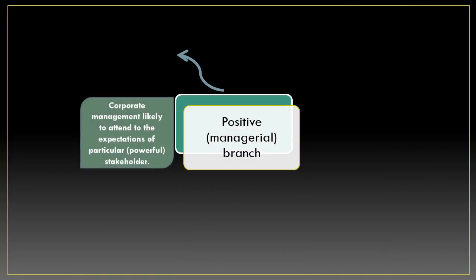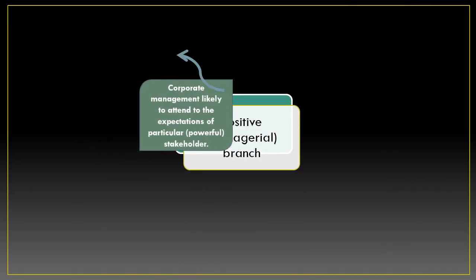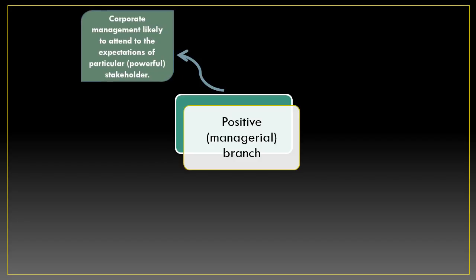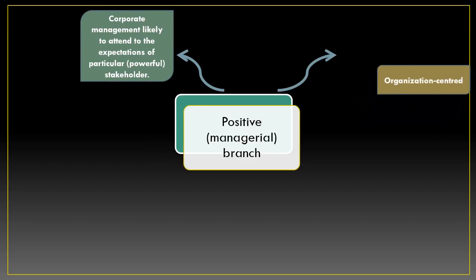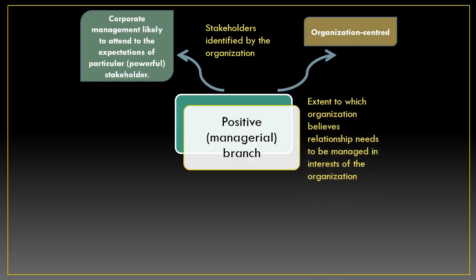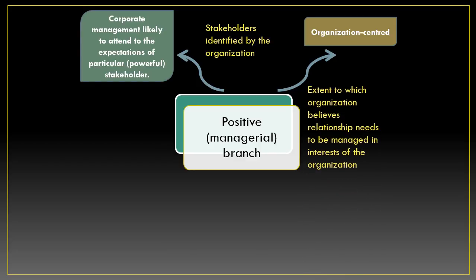The next branch is the managerial branch. Under the managerial branch, corporate management will be likely to attend to the expectations of particular or powerful stakeholders. It is more organization-centered, where stakeholders are identified by the organization and by the extent to which the organization believes the relationship needs to be managed in the interest of the organization.